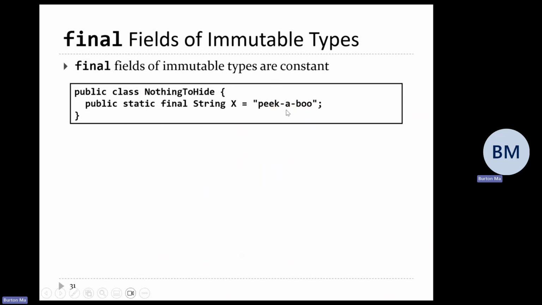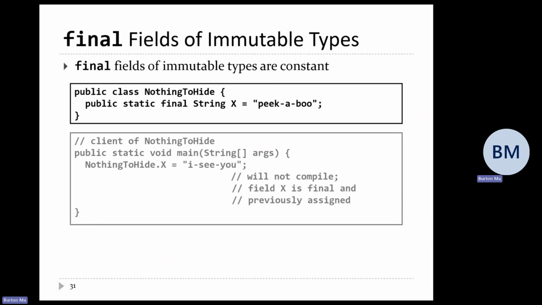It's always the letters P-E-E-K-A-B-O-O. There's no methods in the string class that let you change the letters of the string. The field X is marked public, static, and final. So final means I can only assign a value to X once. If I try to reassign X to something else, it doesn't compile. The compiler says you've got a final field, you can't reassign to it.